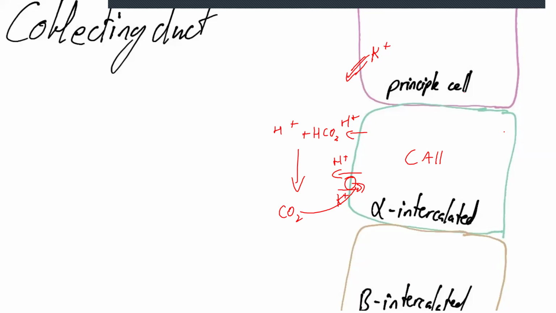A similar thing happens with the beta intercalated cell, but this time the beta intercalated cell is going to be responsible for reabsorbing hydrogen into the blood. So just to draw the channel here, this channel is a chloride bicarb exchanger.